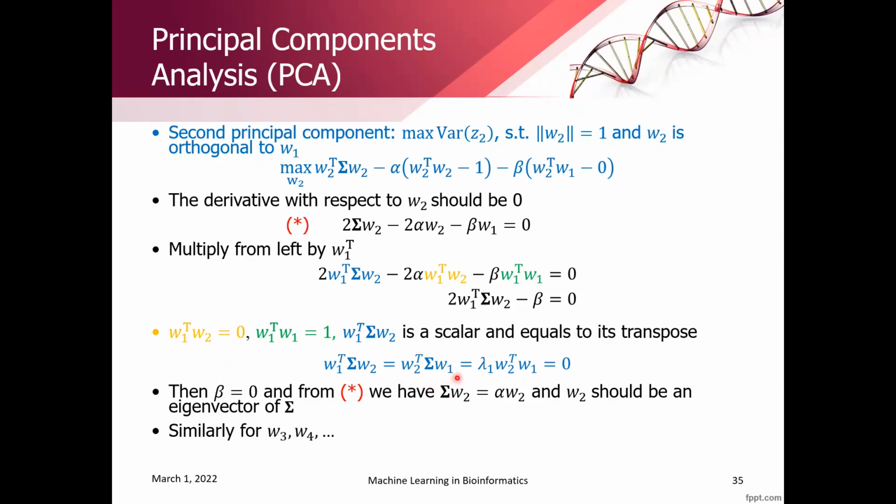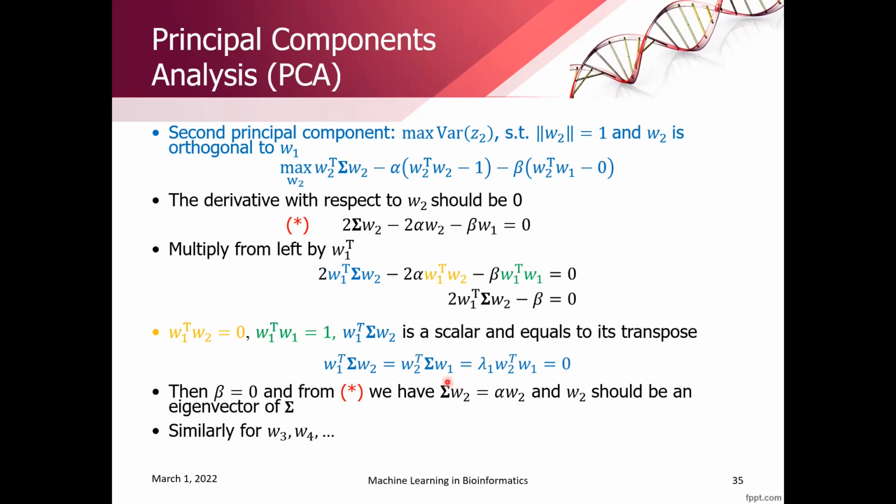What is this way? I use transposition. If I use transposition, I reverse the order and transpose each element. So W sub 2 will be first and transposed. Sigma should be second and transposed, but the covariance matrix is symmetric, so the transposition is the same. And W sub 1 will be the last one, and the transposition of W sub 1 transpose is just W sub 1. We can do that because the value is just a scalar, one real number.